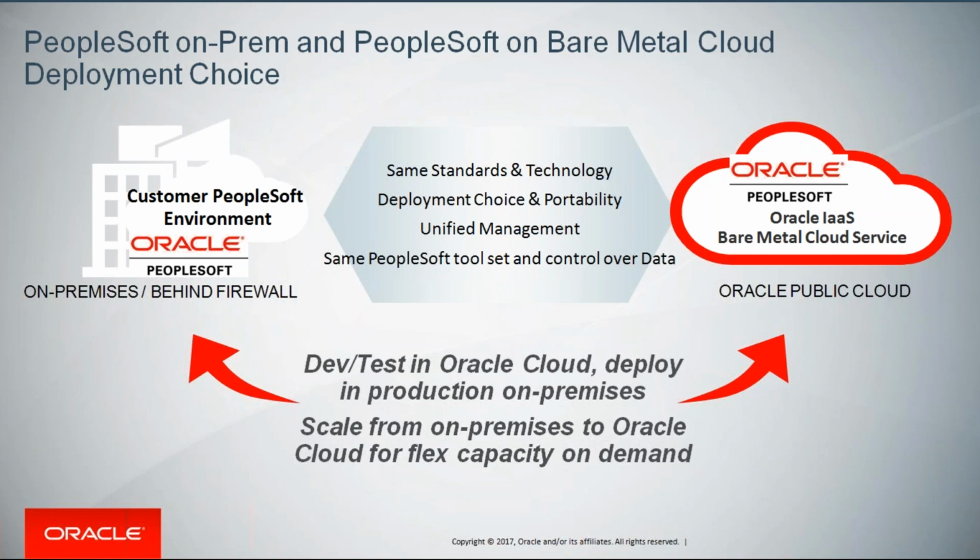So you get the same fluid user interface, if you're going to be on tools 8.54 and above, the same user experience that you're running on-prem, you're going to see in the cloud.